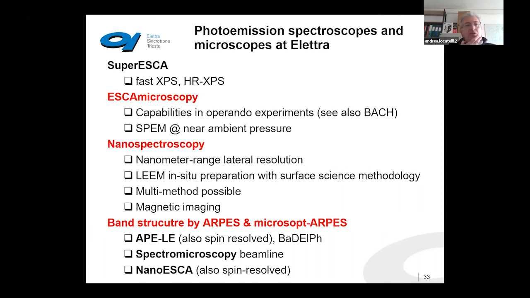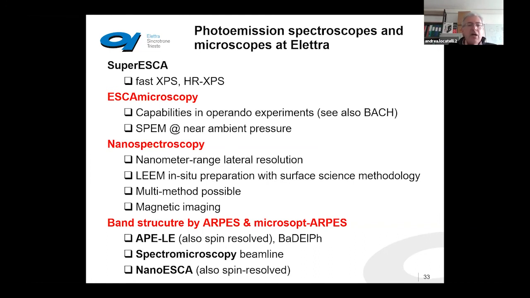Nanospectroscopy reaches nanometer range lateral resolution. LEEM is a very useful preparation technique for growing in situ samples using surface science methods. And indeed, there are multi-method possible, and magnetic imaging using magnetic circular dichroism is really one of the main applications.